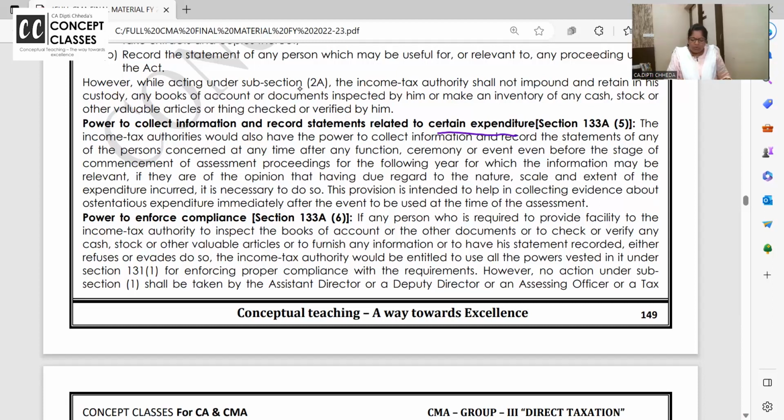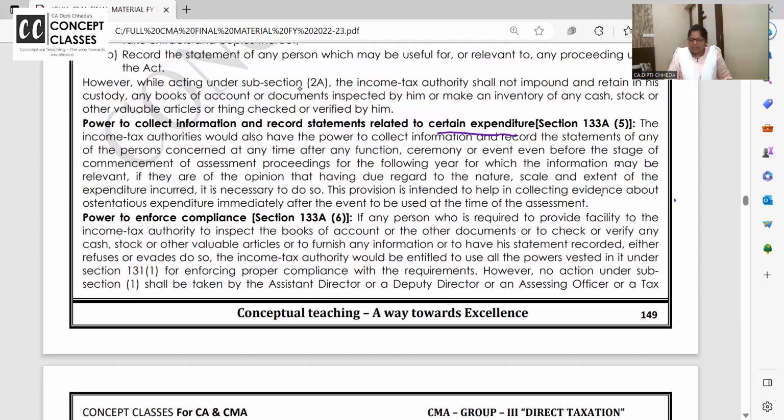Income tax authority would also have the power to collect information and record statement of any person concerned in any time after any function, ceremony or event before the stage of commencement of assessment proceeding for the following year, for which information may be relevant, if they are of opinion that having regard to the nature, scale and extent of expenditure incurred, it is necessary to do so.